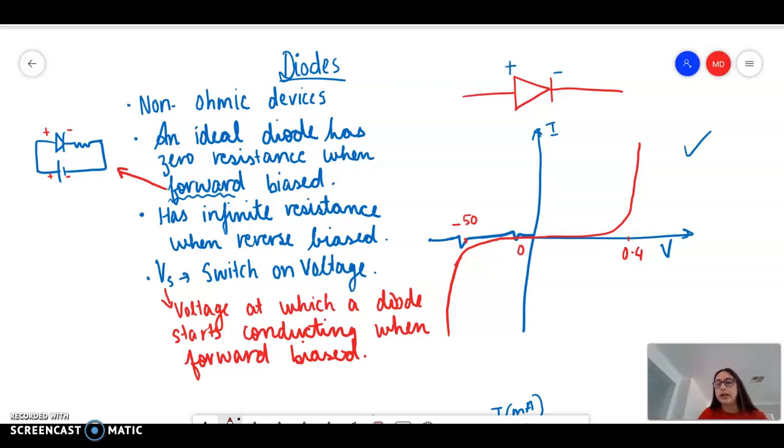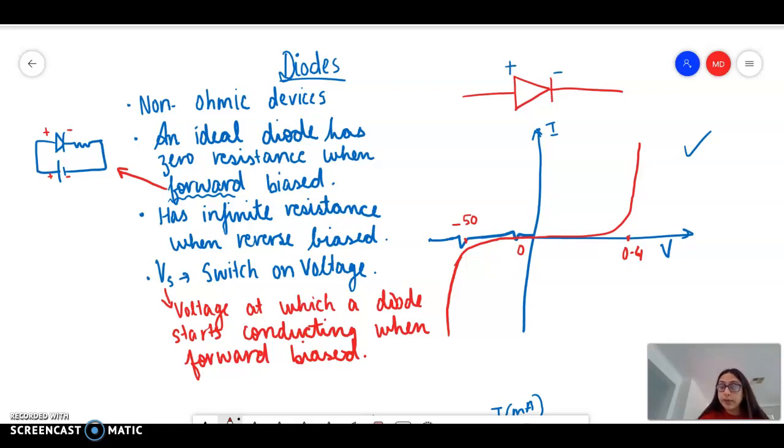So let's have a look at this section of the graph where voltage is positive and the current is up there, the first quadrant. That is the graph of what happens to the current in the circuit if the diode is forward biased. You can see that up to 0.4 volts, if the potential difference across the diode is up to 0.4, there's very little current in the circuit.